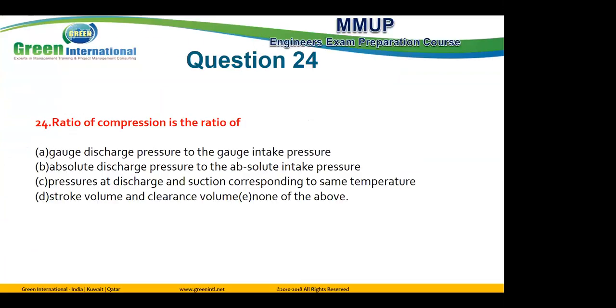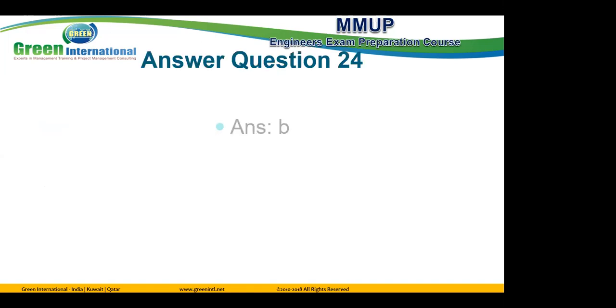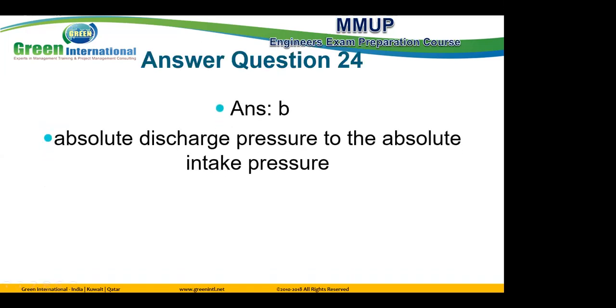Ratio of compression is this ratio of... B. So this is the ratio of absolute discharge pressure to absolute intake pressure.